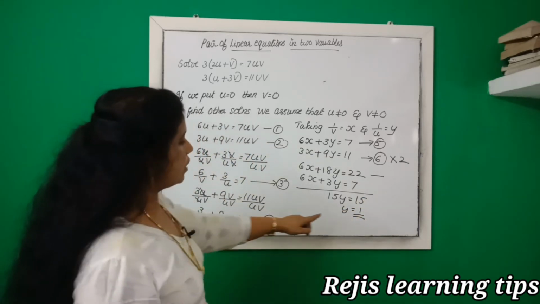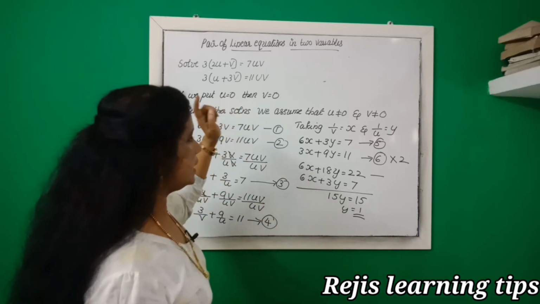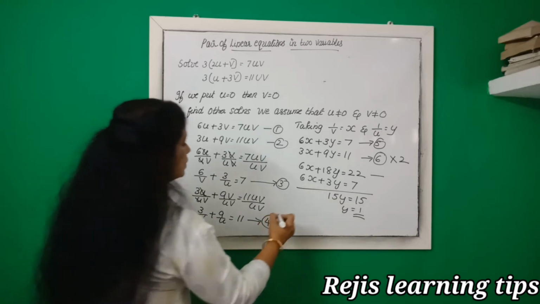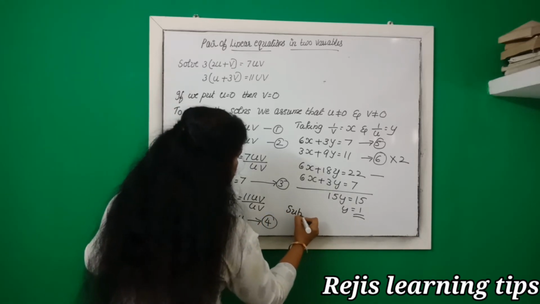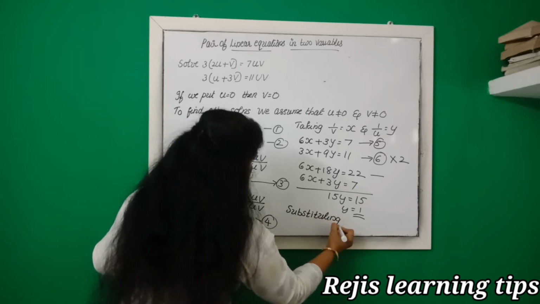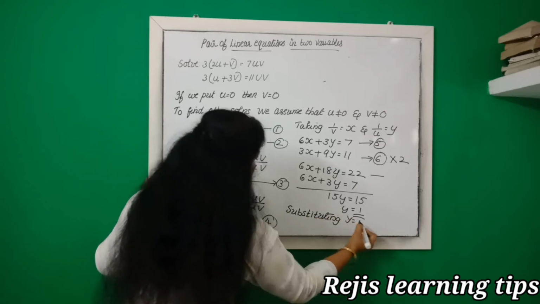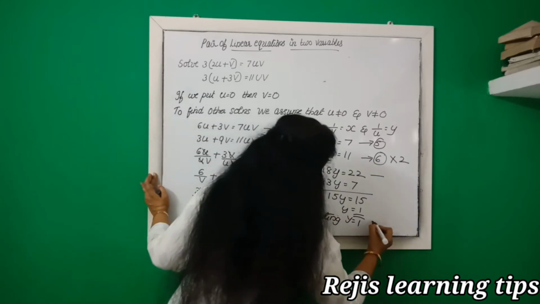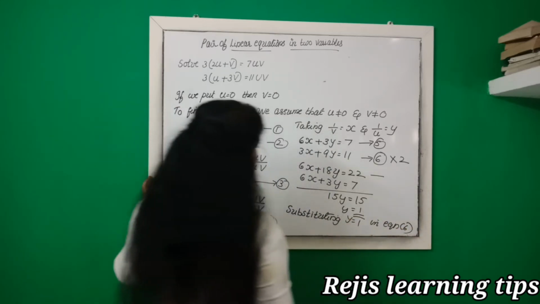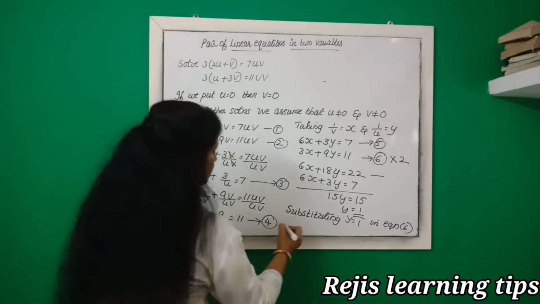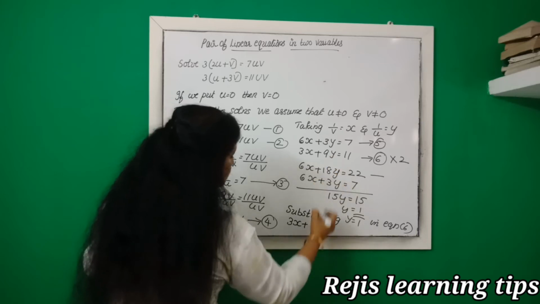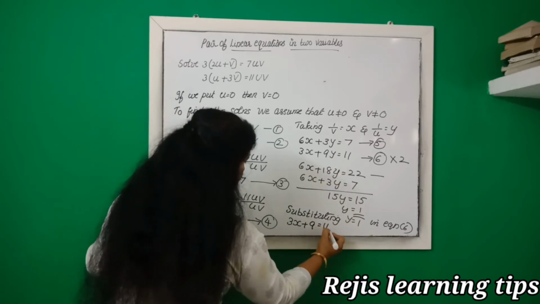Then substituting the value y equal to 1 in equation number 6, we will get 3x plus 9 into 1, that is 9, is equal to 11.